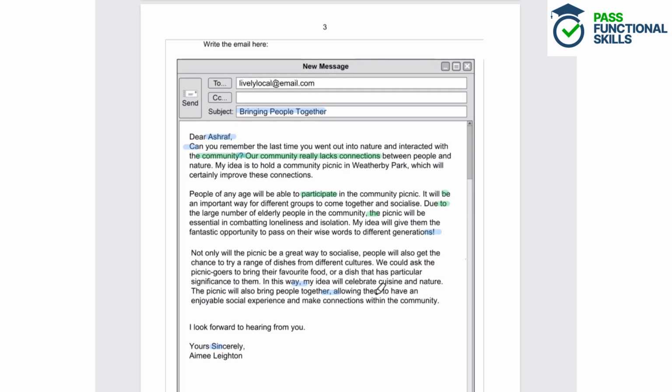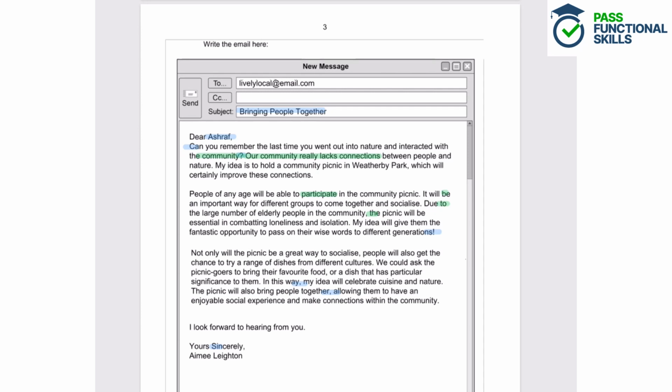So make sure that you practice your spelling before the exam, that you are comfortable with basic spellings. It's also a really good idea to check your spelling after you've written your answer, just in case you've made any mistakes. Good spelling, punctuation and grammar is really important, as this carries nearly half the marks in the exam.